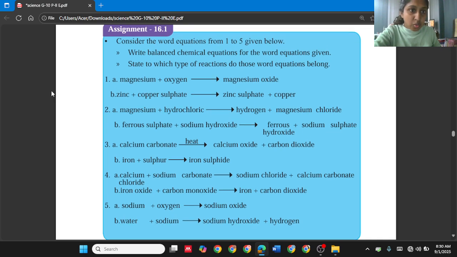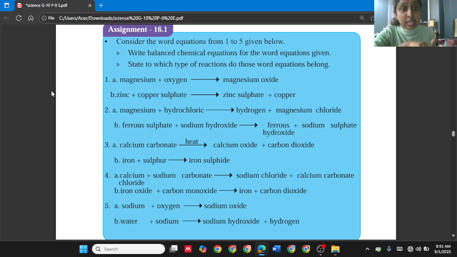That's assignment 2. Consider the word equations from 1 to 5 given below. Write balanced chemical equations for the word equations given. State to which type of reaction each of those word equations belongs. Remember, there are 4 types of reactions: combination, decomposition, single displacement and double displacement.